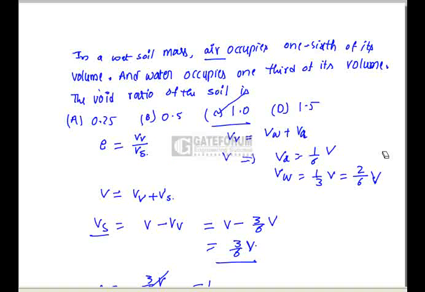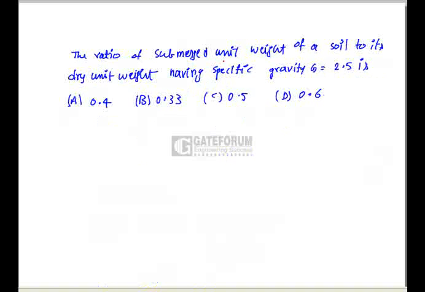Option C is correct. The ratio of submerged unit weight of soil to its dry unit weight, having specific gravity G equal to 2.5. So submerged unit weight, we know that gamma saturated minus gamma w is gamma submerged, and the dry unit weight gamma d.